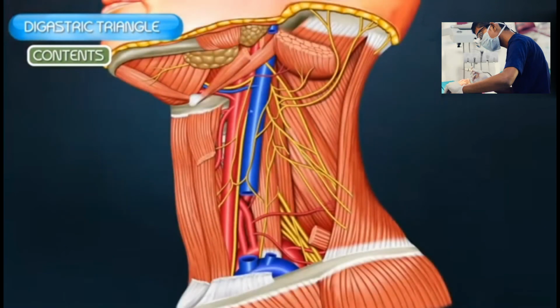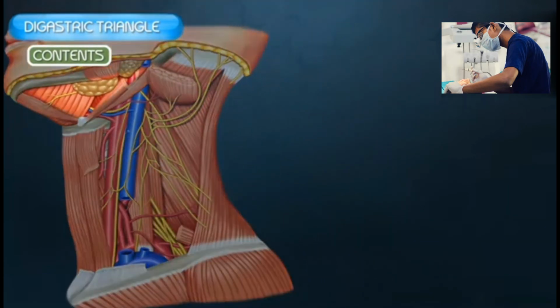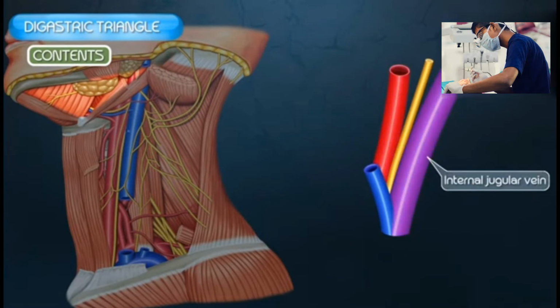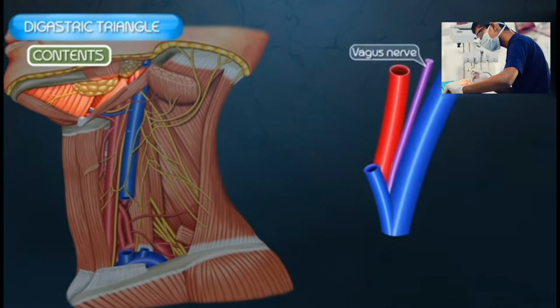These are the structures present superficial to the deep structures. Deep structures include the internal carotid artery, internal jugular vein, and the vagus nerve.